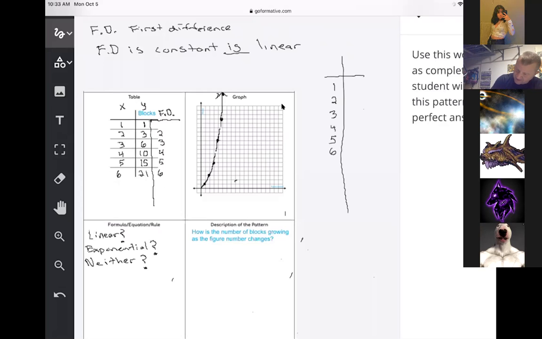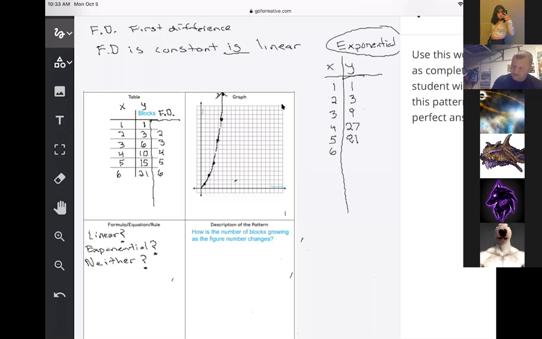Let's say it goes like 1 and then 3. Why is this one exponential? Can you even see that? I can. This is exponential, right?